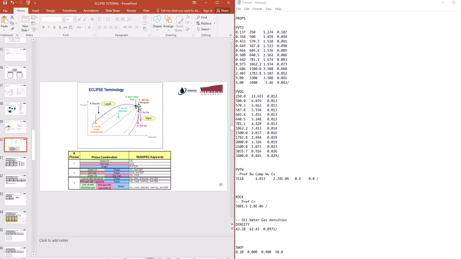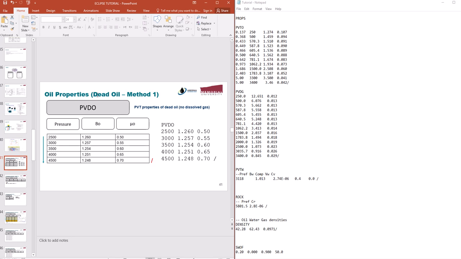So in general, you can use a black oil simulator for dry gas, wet gas, and dead oil or live oil. But for the near critical fluid and the retrograde gas condensate, it's better to use a compositional simulator because their composition changes too much with the pressure.